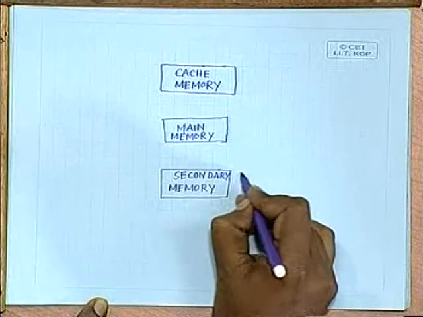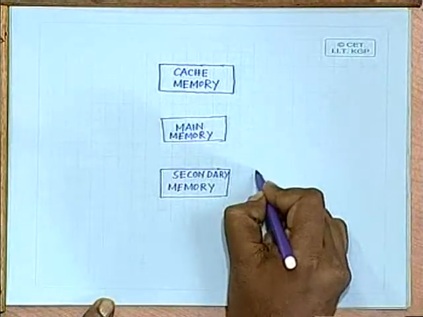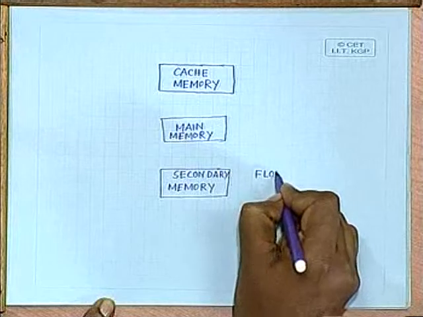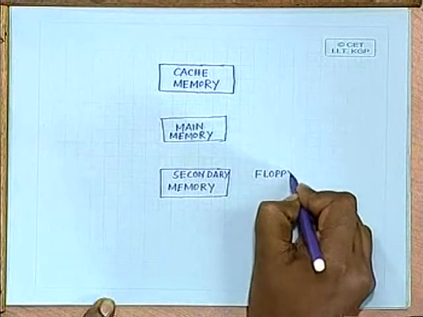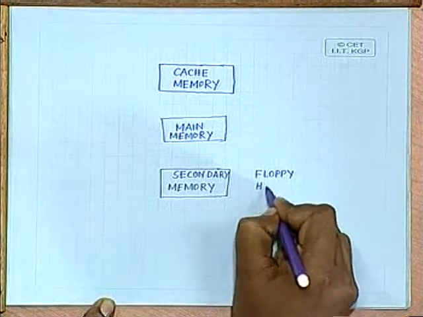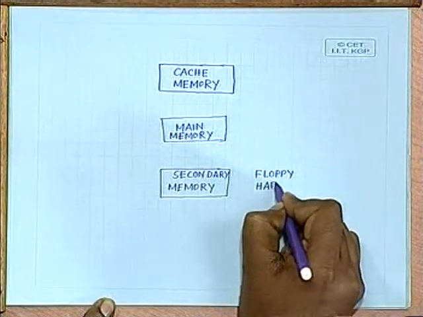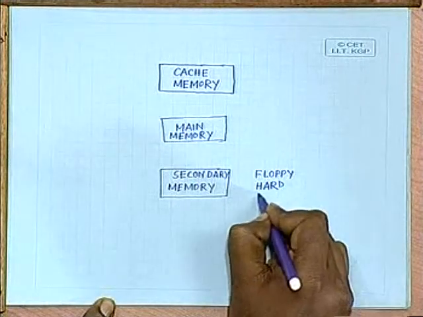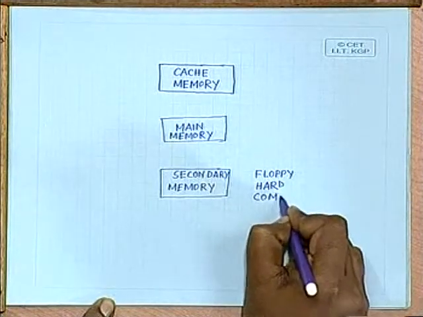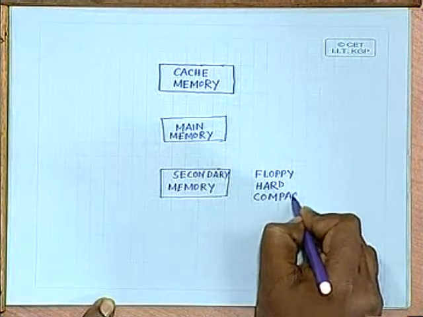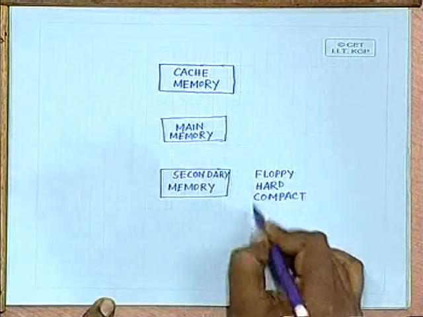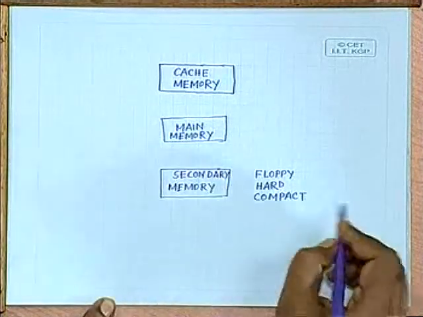So, all the disks, say for example floppy disk or hard disk or compact disk, they are all in this category of secondary memory.